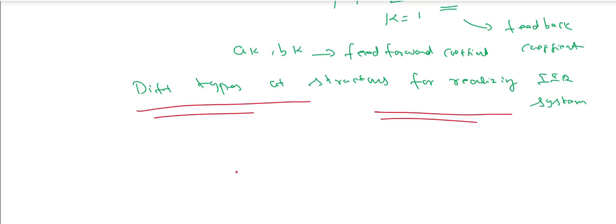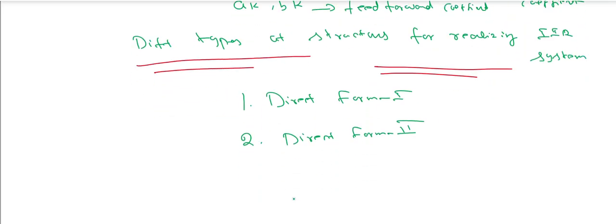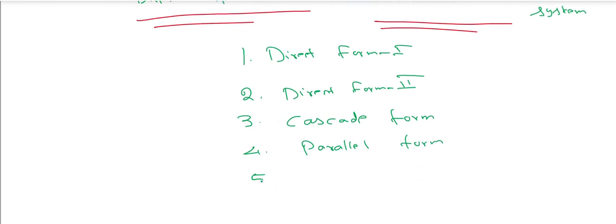The first one is the direct form 1 structure, the second one is the direct form 2 structure, and then the cascade form structure, parallel form structure, and lattice structures.